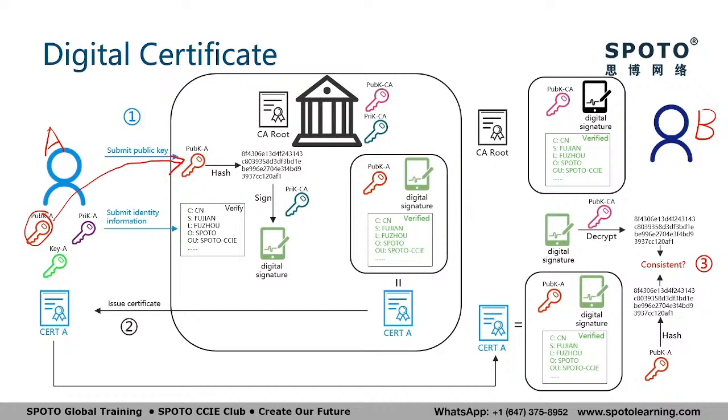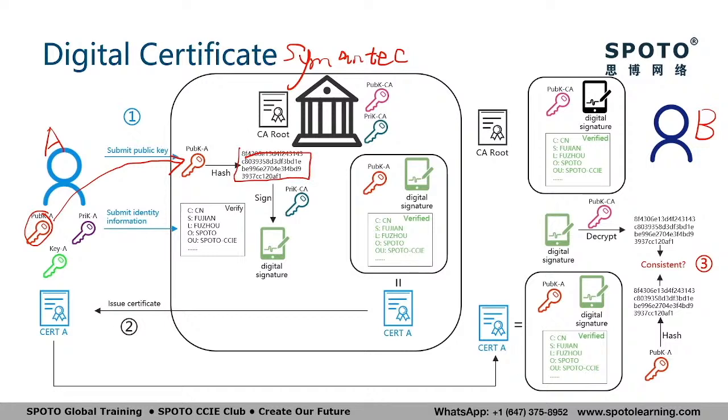In this case, we assume this is Symantec. Symantec, as the CA, uses a hash algorithm to calculate the public key and get the hash value.